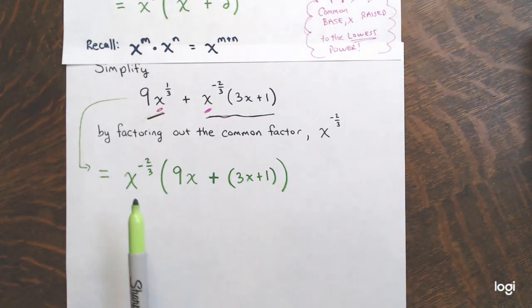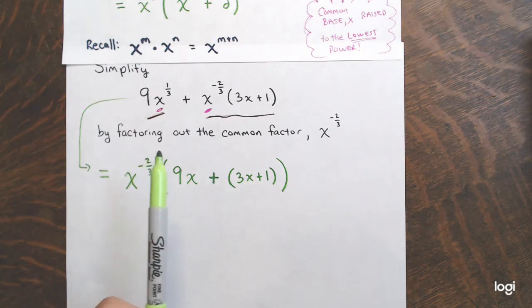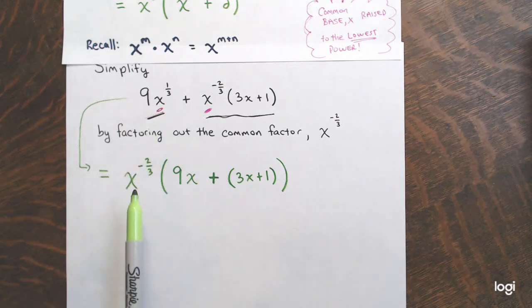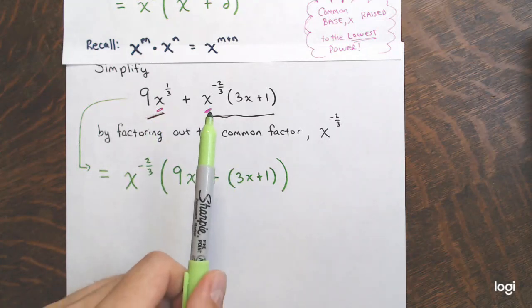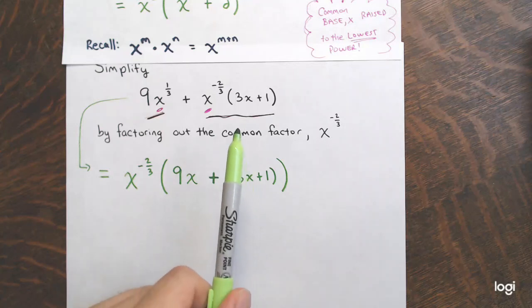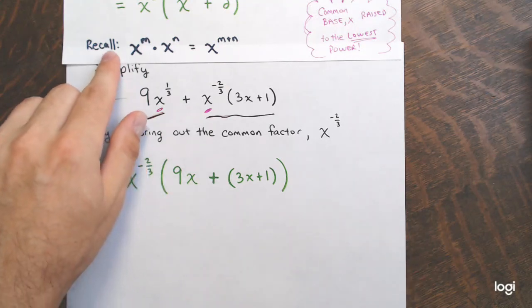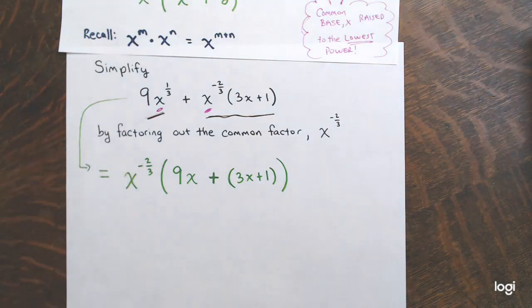Can you see how if I were to redistribute, if I were to take this x to the negative 2/3 and multiply it by the 9x, I'd get 9x to the 1/3 back. And then multiply it by this, I'd get the x to the negative 2/3 times the 3x plus 1 back as well. Now, this is great. It is factored, like they asked, but we're also asked to simplify.